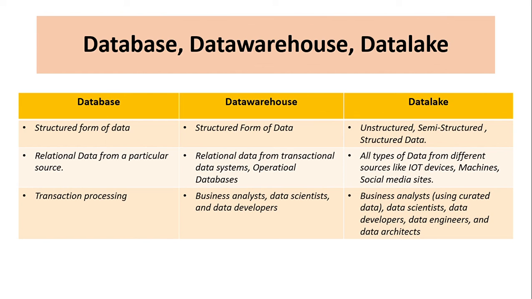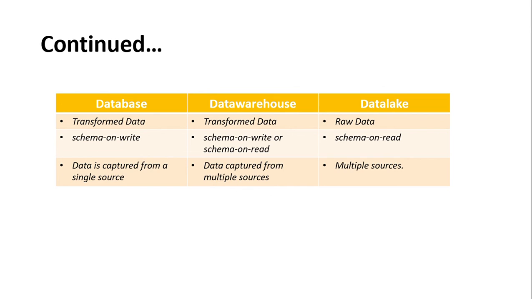Data engineers, after that, cleanse that data, remove the unwanted redundant data from that data set or table. And data scientists create models and train those models based on that data. So these are the different areas where data engineers, data scientists and data architects work. Now let's look at some more differences.